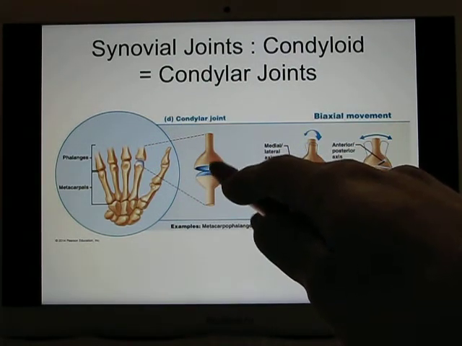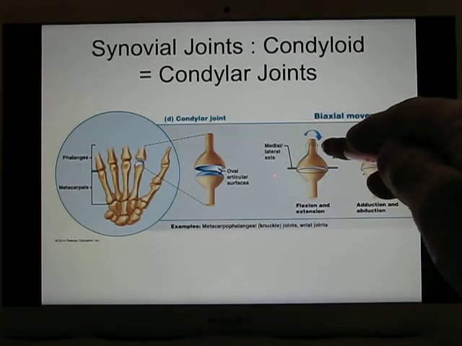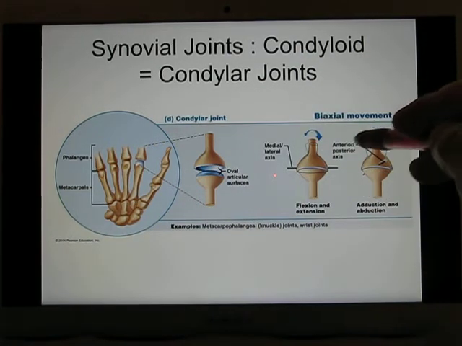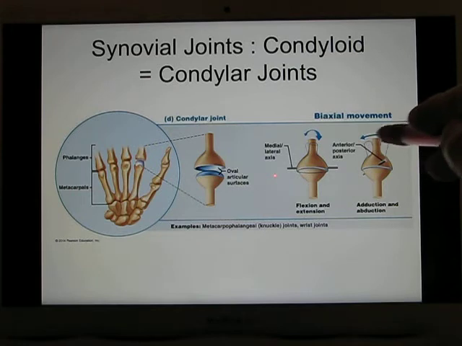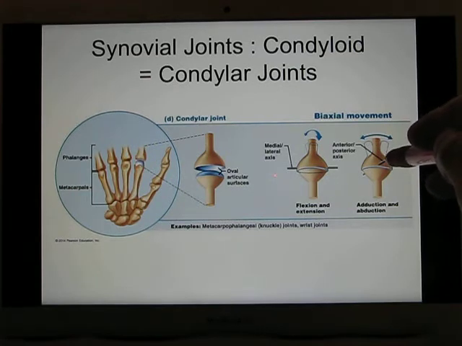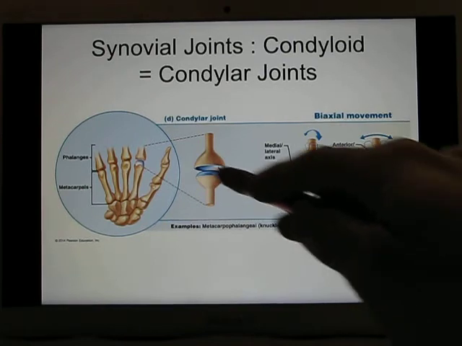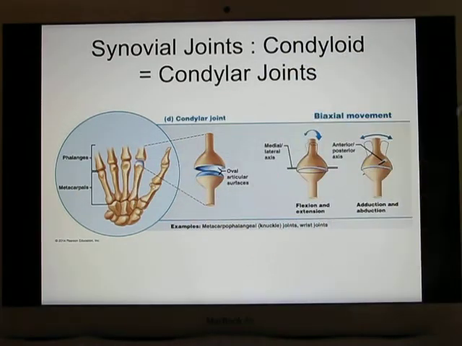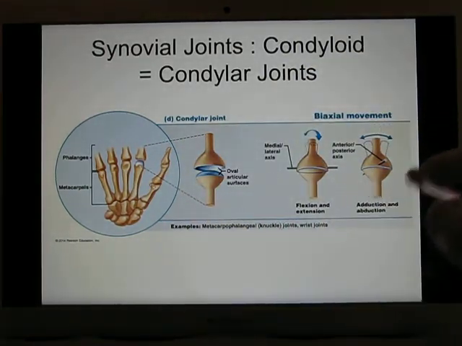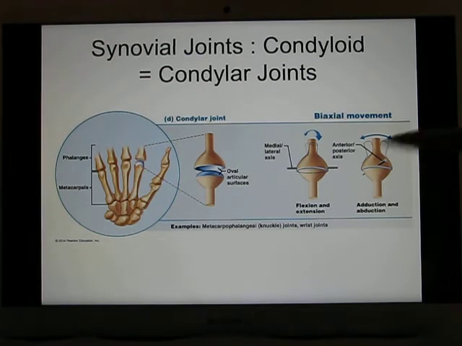Because of the contact area, they are able to move in this direction and also in the other direction. So they have two kinds of movement. You find them, for example, between the metacarpal and phalanges. So with your finger, you can do flexion, extension, and you can also do abduction, adduction. That's the condyloid joint.